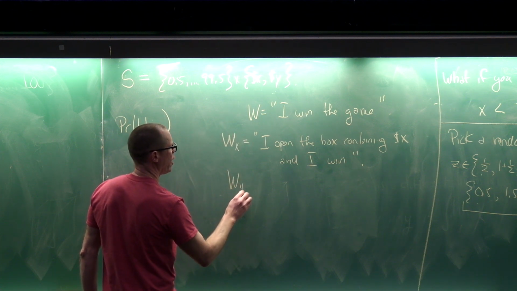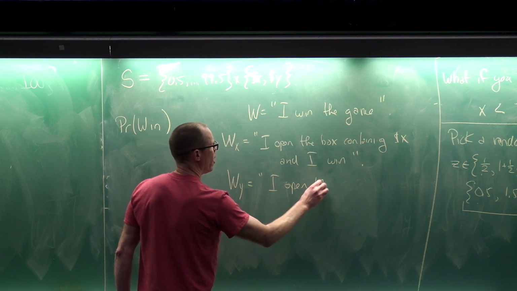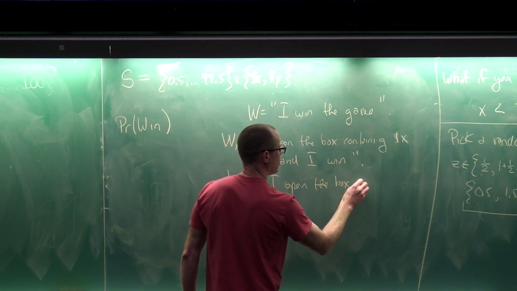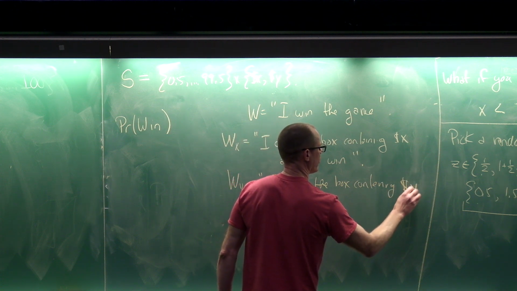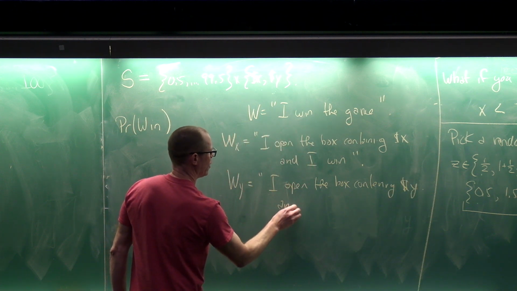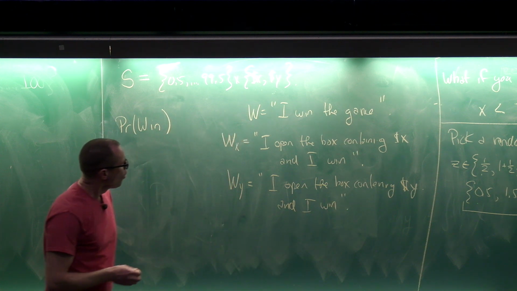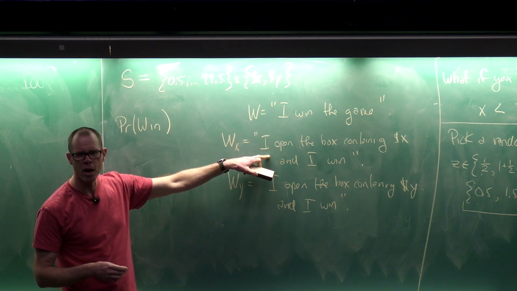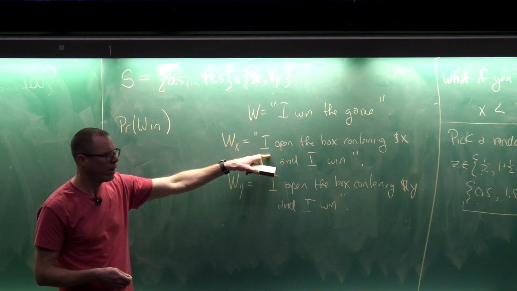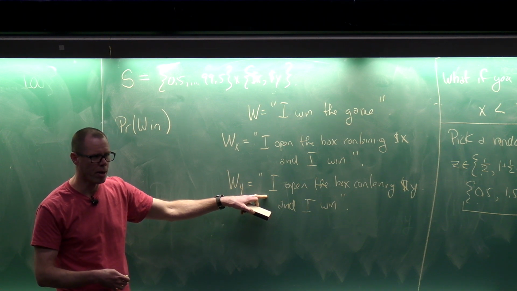And Wy is the event: I open the box containing y, and I win. Which translates into, I open the box containing x, and for some reason I switch boxes and I take the other one, or I open the box containing y, and for some reason I decide to stay with that box.